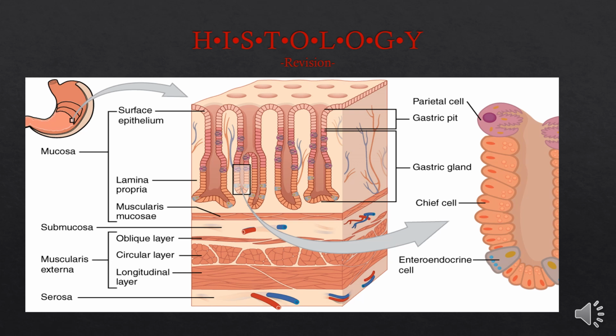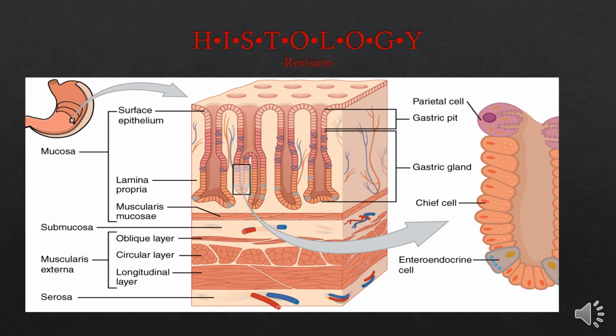The pit is lined by surface mucous epithelium, the neck by mucous neck cells, points for the name simplicity. The chief cells, parietal cells, stem cells, and so-called endocrine cells are found in the rest of the glands. What do these cells do?